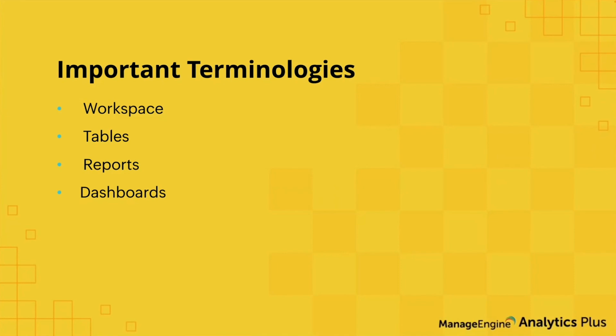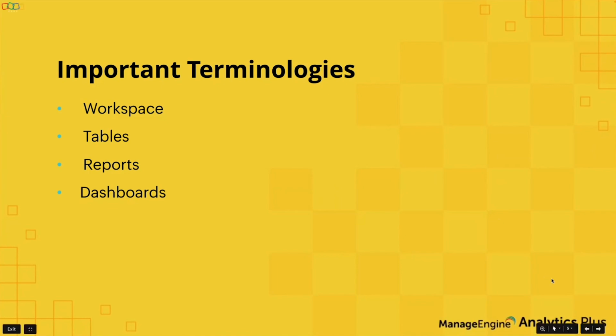If you get into it, you will find the data, reports, and dashboards from the ServiceDesk Plus application. Tables are the raw data in the form of columns and rows. Any data we import into Analytics Plus will be stored in the form of tables, and upon these tables, the reports and dashboards will be built. Reports, as we know, are a better representation of the data for informed decision making. And a dashboard is a collection of reports in a single pane of window, right?